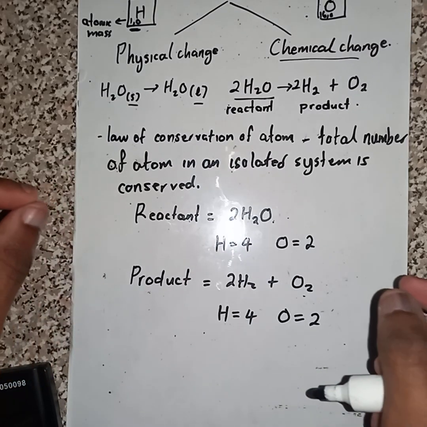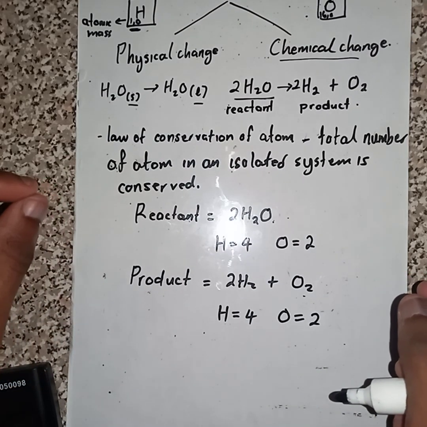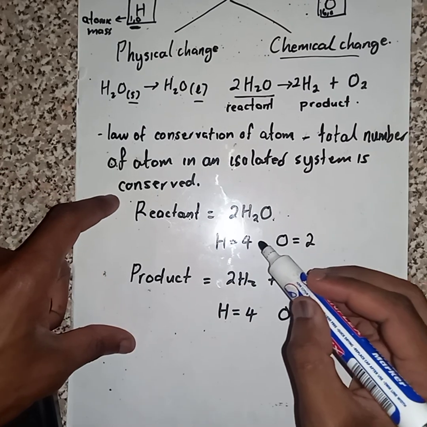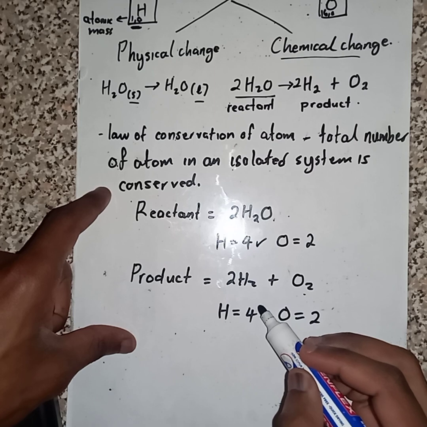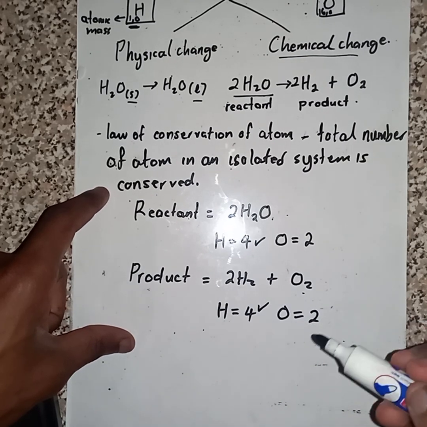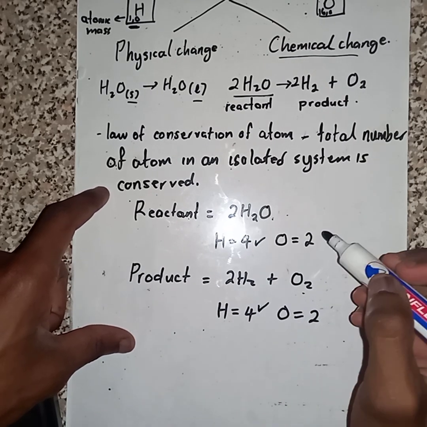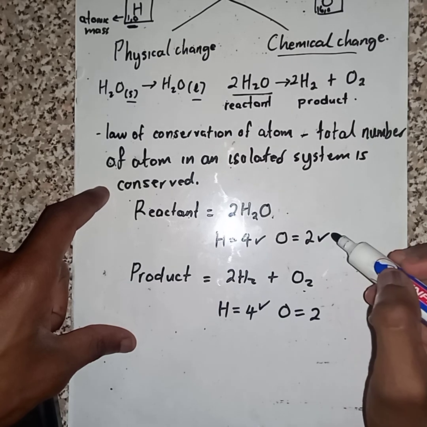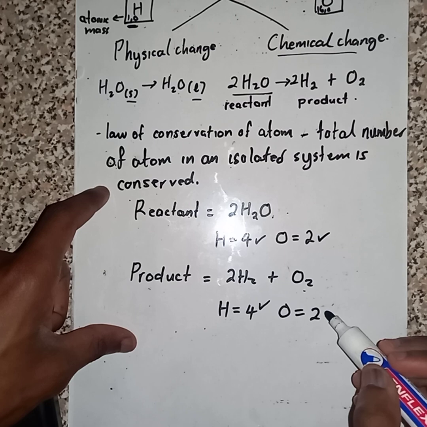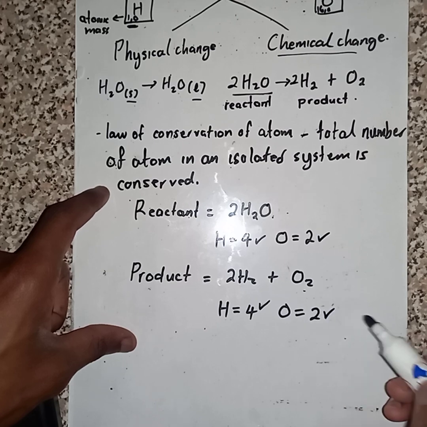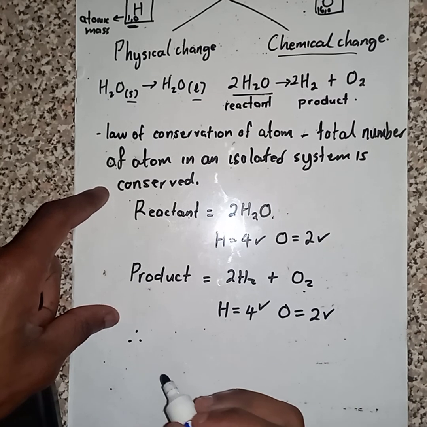Then at this point, we can draw the conclusion to say, okay, on our reactants, we have 4 hydrogen. Same applies, we have 4 hydrogen on our product side. Same applies if I look for oxygen, I get 2 on our reactant. Same applies to our product, we also get 2. Then what can we say now?